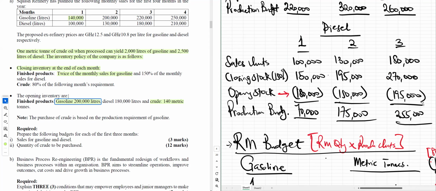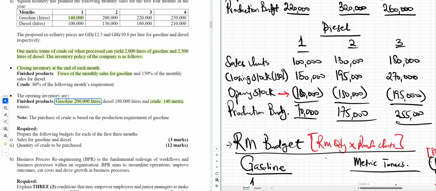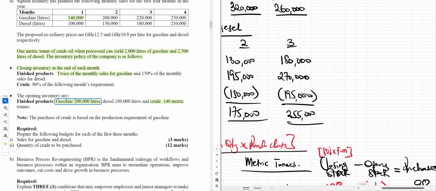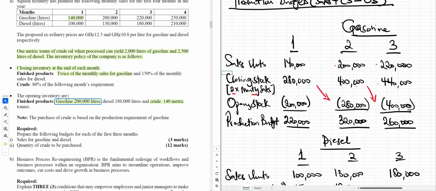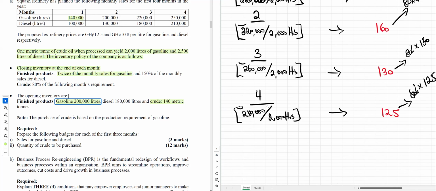That means we have to do all the 4 months. That's why they gave you 4 months.